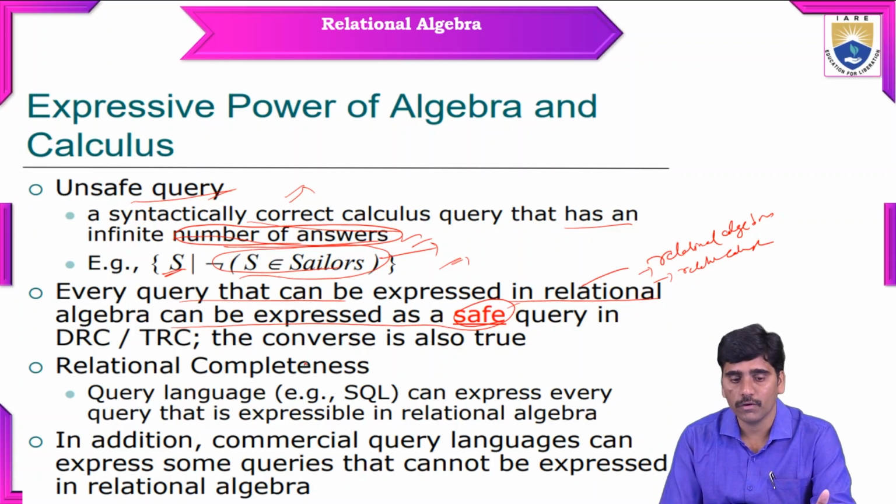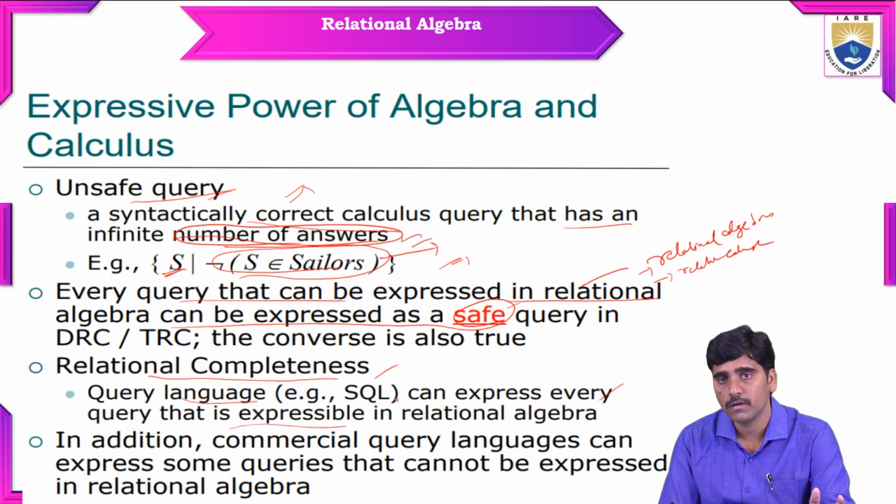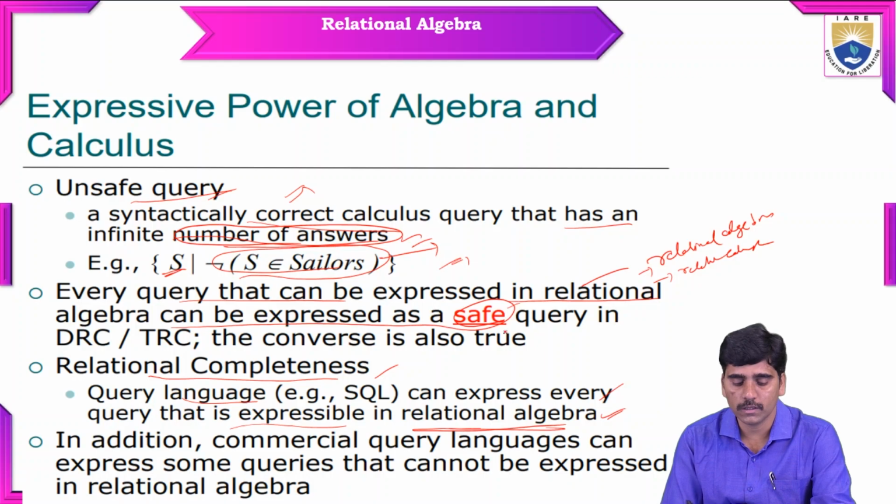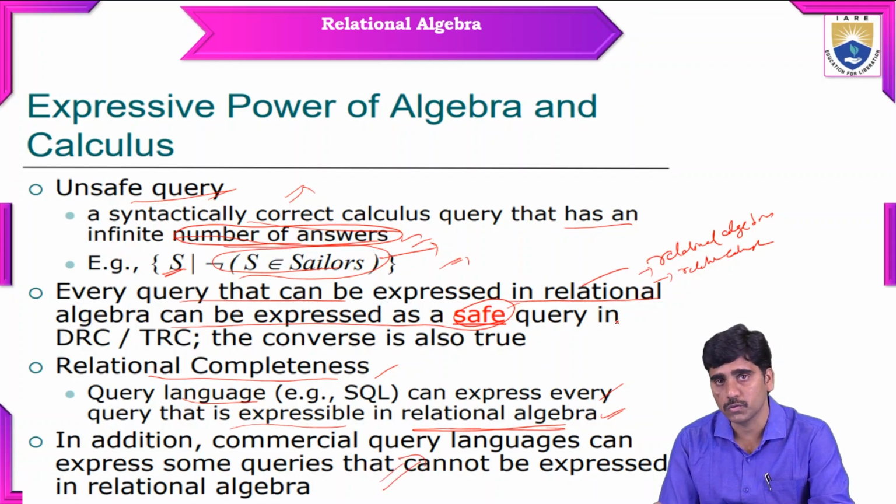Relational completeness means query languages can express every query that is expressible in relational algebra. In addition, some commercial query languages can express some queries that cannot be expressed in relational algebra also.